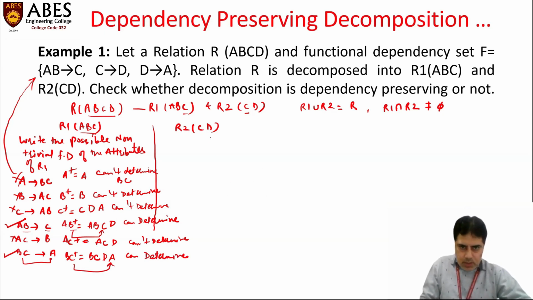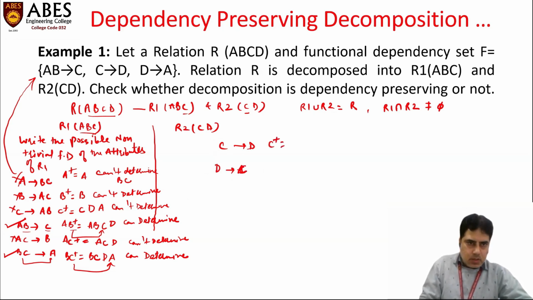Now, a similar case with the R2 relation. Here the possible functional dependencies are C to D and D to C. Now take the attribute closure of C from the original functional dependencies.